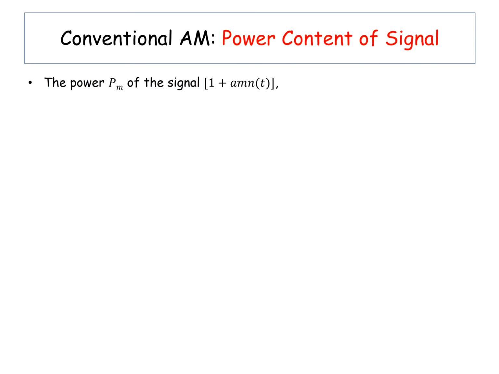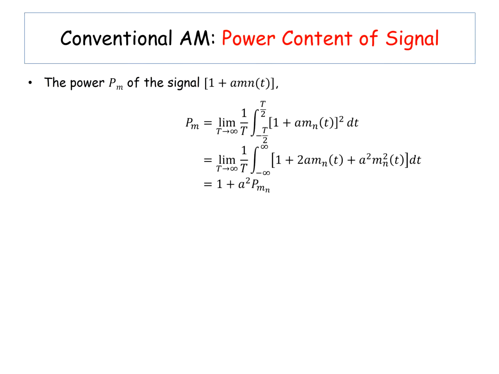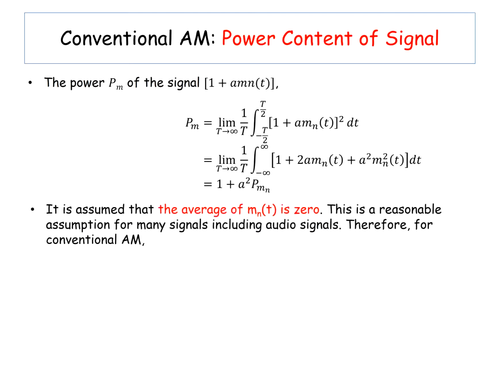This power is calculated here. For this calculation, the average of m_n(t) is assumed to be 0, and so the second term in the integration becomes 0. Finally, the power of the modulated signal is given.